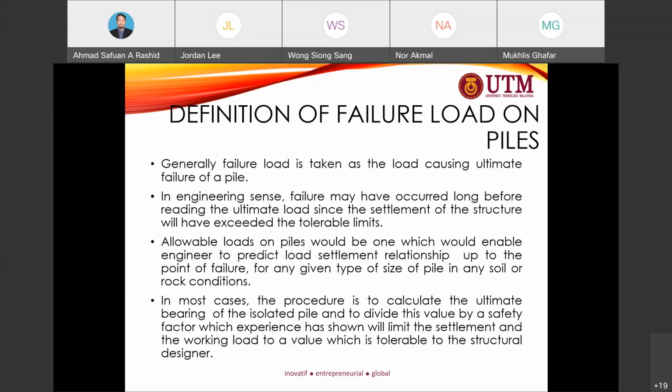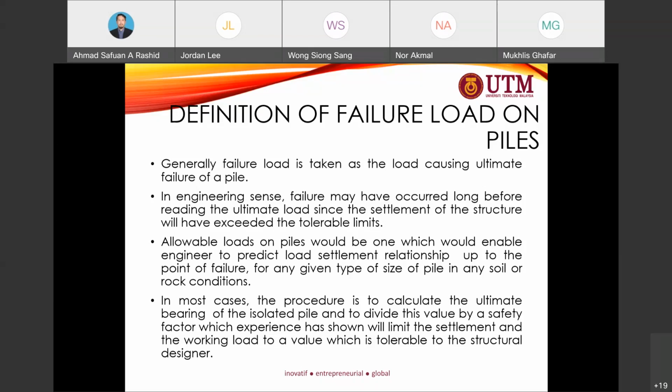Allowable load on pile would be one which would enable the engineer to predict the load settlement relationship up to the point of failure for any given type of pile, of any size of pile, in any soil or rock condition.